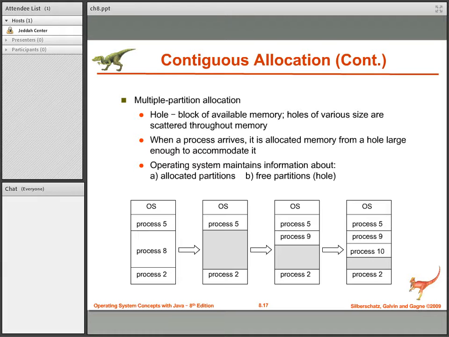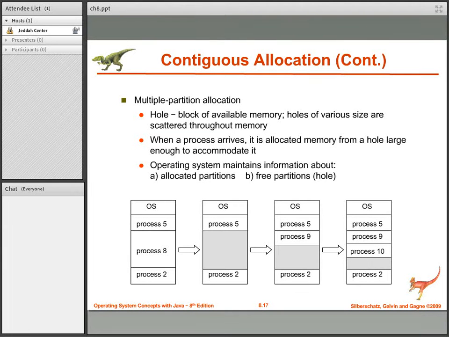Conversely, when a process arrives to the main memory, it is allocated memory from a hole large enough to accommodate it. It cannot be allocated a hole that has a smaller area than it would require. The hole must be larger than the area required by the new incoming process.